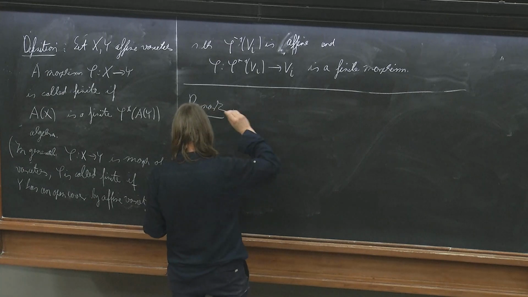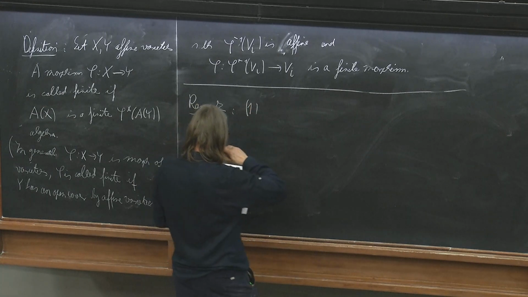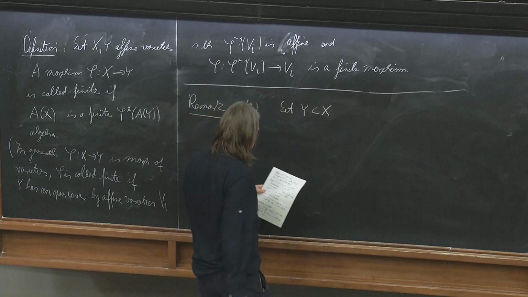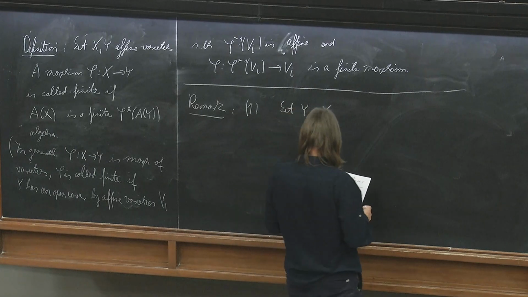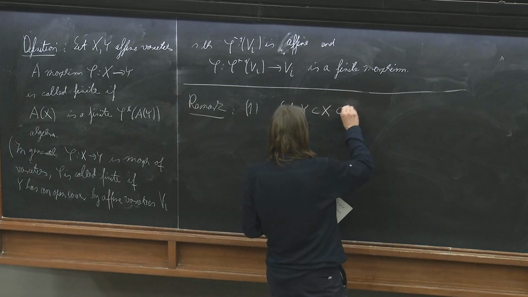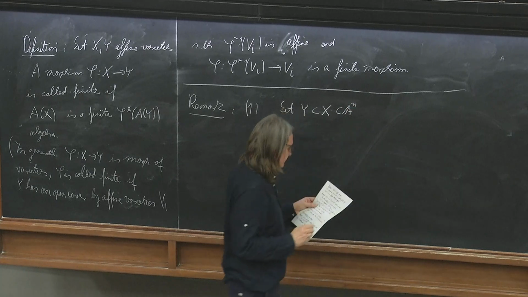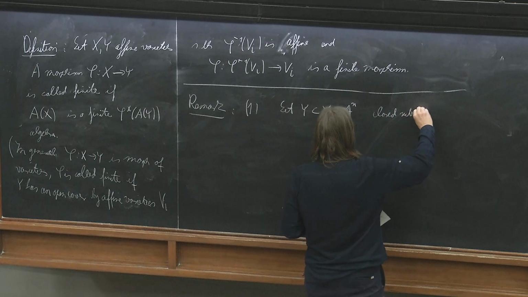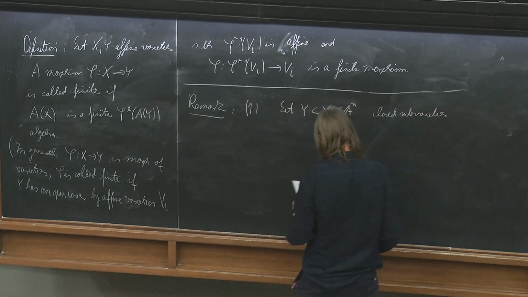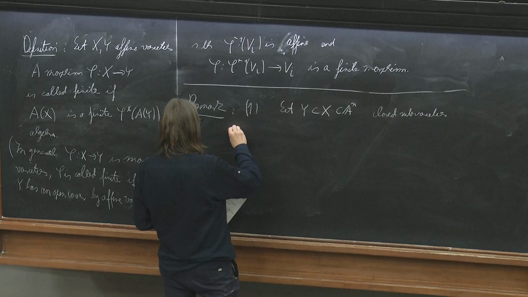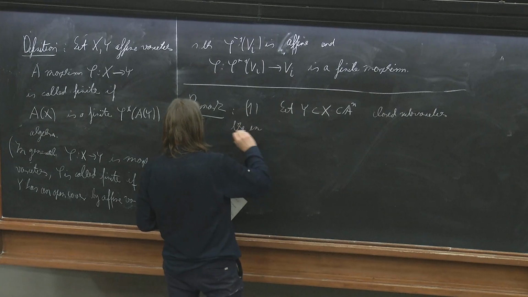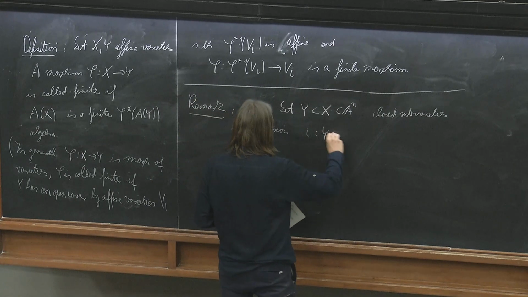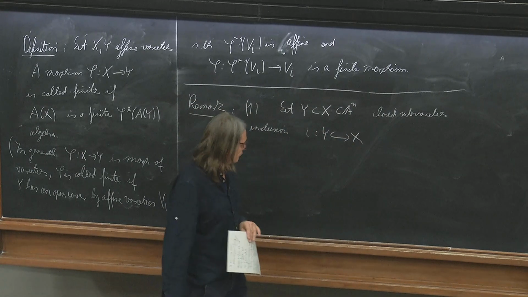So first I have the remark, if Y in X is a closed subvariety, then the inclusion i from Y into X is a finite morphism.